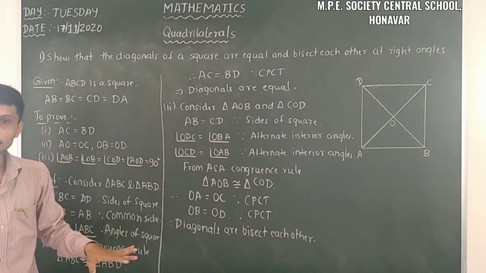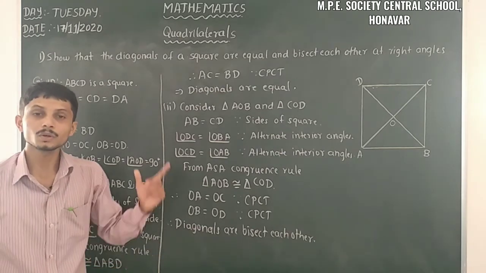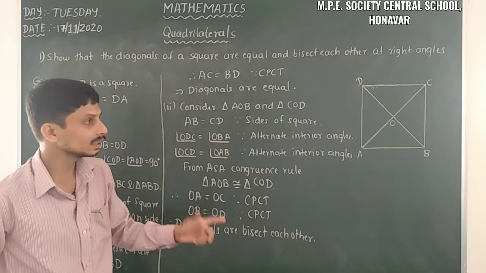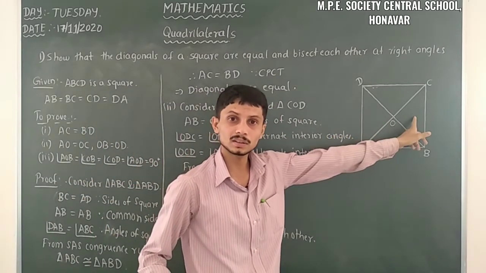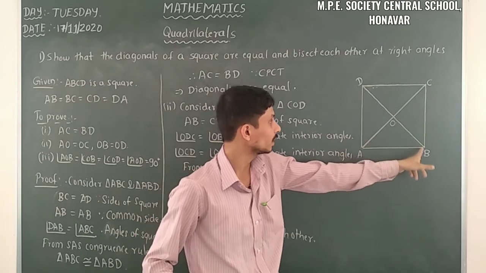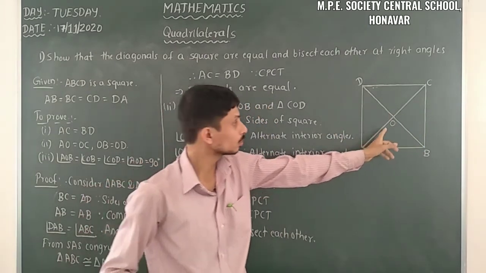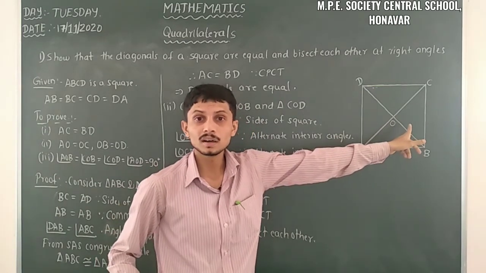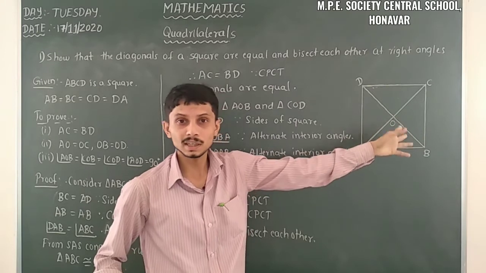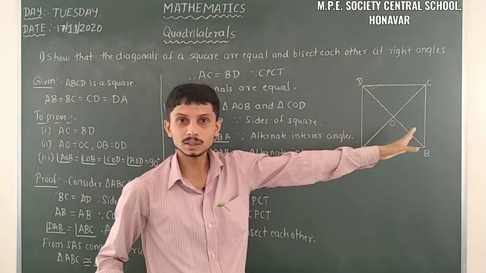But after that, what do we have to do? We have to consider those two as a linear pair. For that, consider these two triangles, AOB and COB. When those two triangles are congruent, those two angles form a linear pair and are equal.